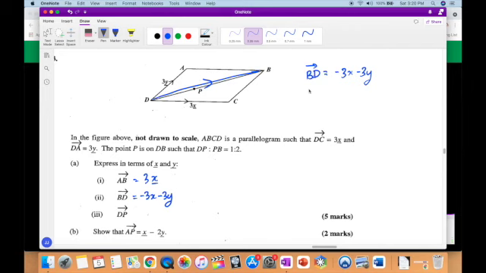Well, going back this way, DB will be the negative of negative 3x minus 3y. So that will work out to be negative 1 multiplied by negative 3 is positive 3x plus 3y. So DB going in this direction is 3x plus 3y.